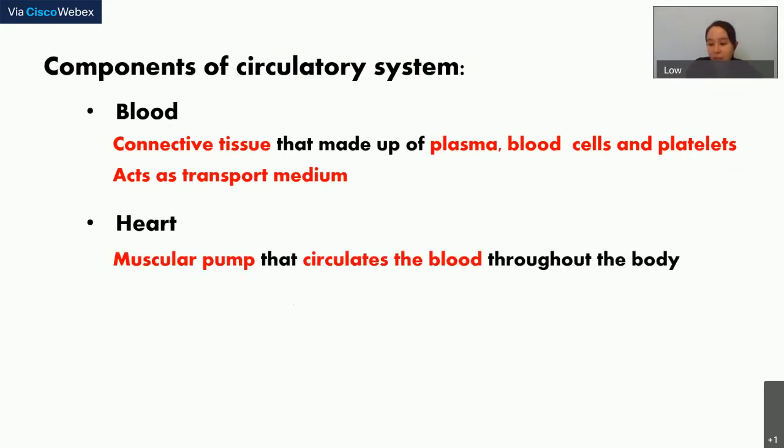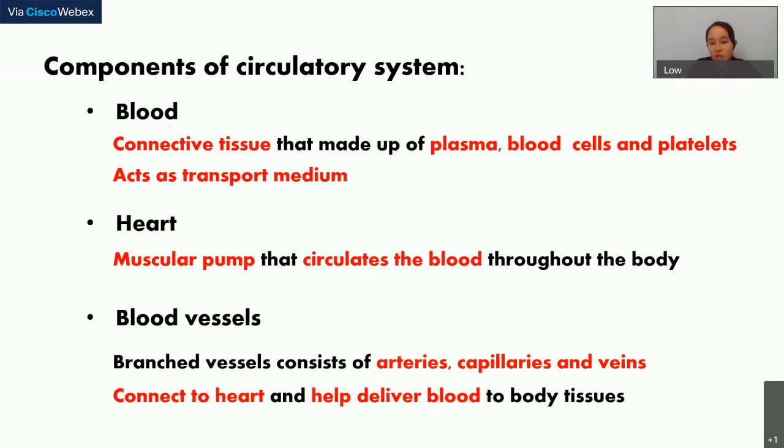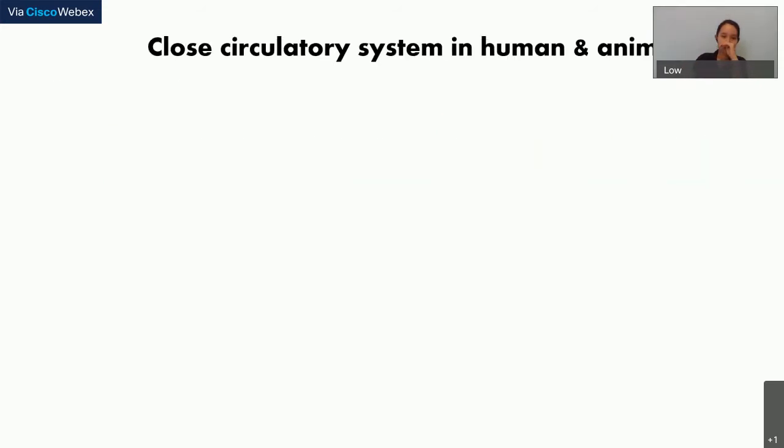It is a muscular pump that circulates the blood throughout your body. And the third one, blood vessels, which are kind of like pipes. They are branching vessels consisting of arteries, capillaries, and veins that connect your heart to all parts of your body to help deliver the nutrients.